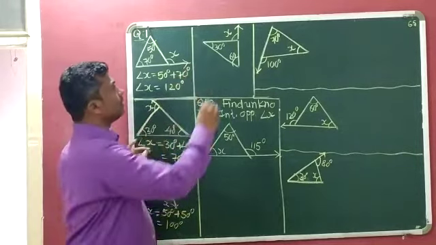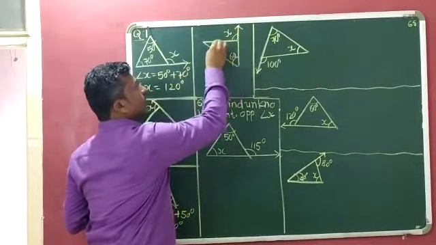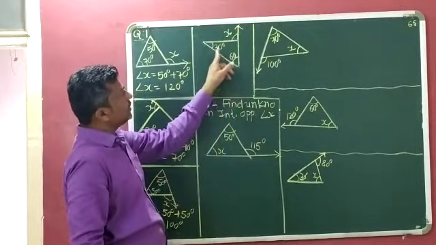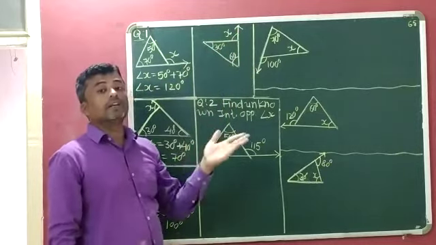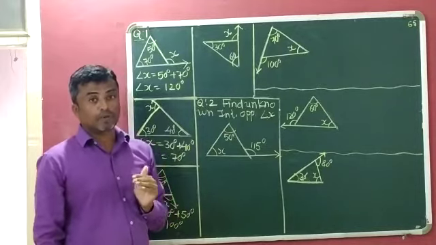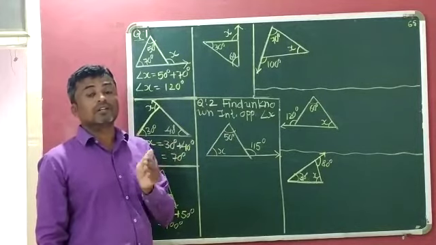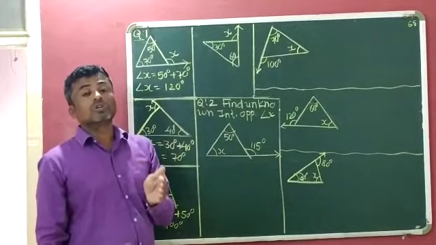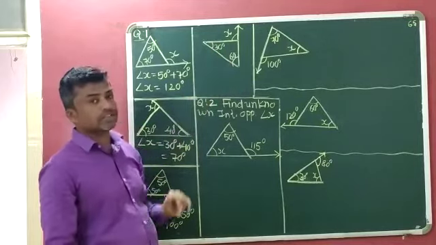Now see the fourth figure. This is an exterior angle and this 60 degree and 30 degree are the interior opposite angles. We know the exterior angle property. An exterior angle is equal to the sum of its interior opposite angles. Here the interior opposite angles are 30 degree and 60 degree.